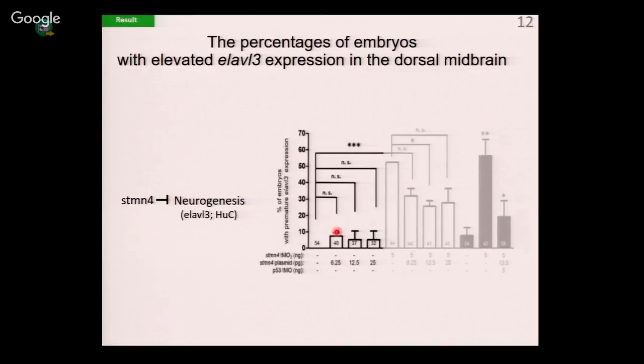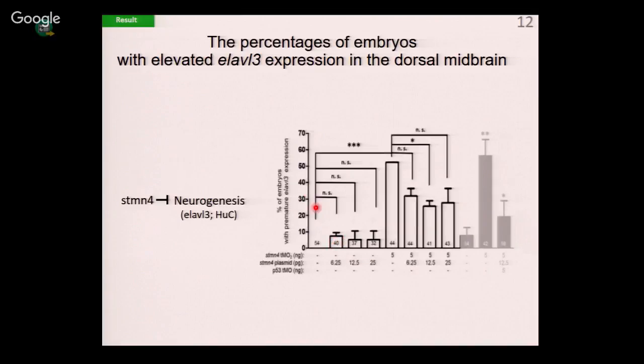To figure out whether the precocious LVO3 expression observed in stem cell morphants was specifically due to the depletion of endogenous stem cell, they co-injected stem cell plasmid into embryos and found no significant effect on precocious LVO3 expression.